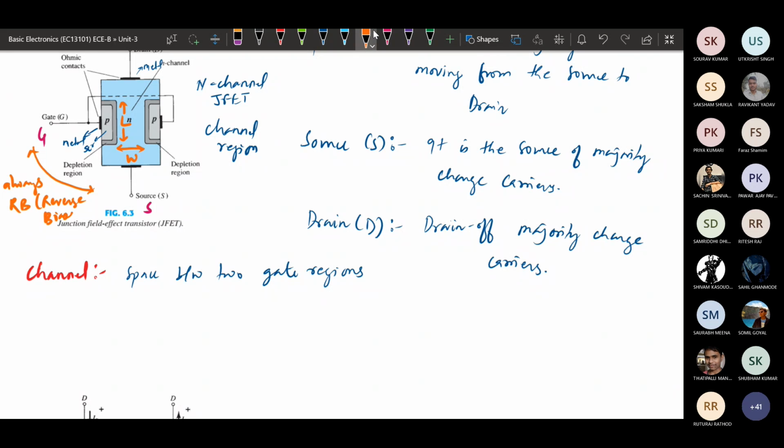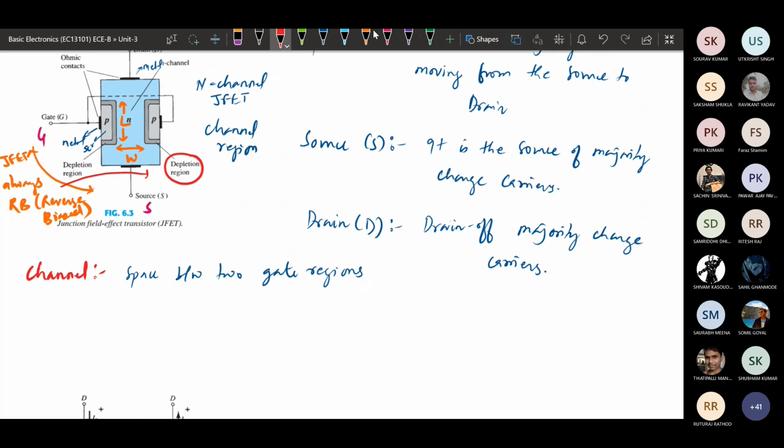As it is reverse biased, with a p side and an n side, it is a p-n junction diode. So there is a formation of a p-n junction diode, and as this p-n junction is reverse biased, there will be a depletion region because of the reverse biasing.